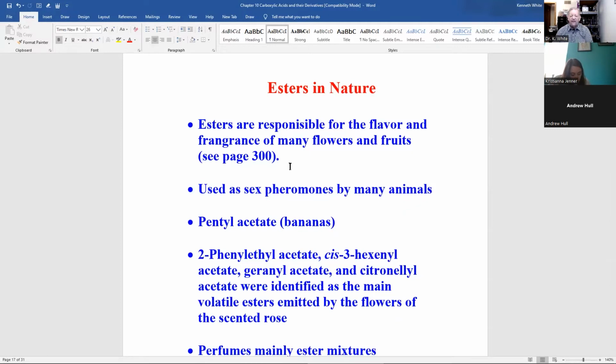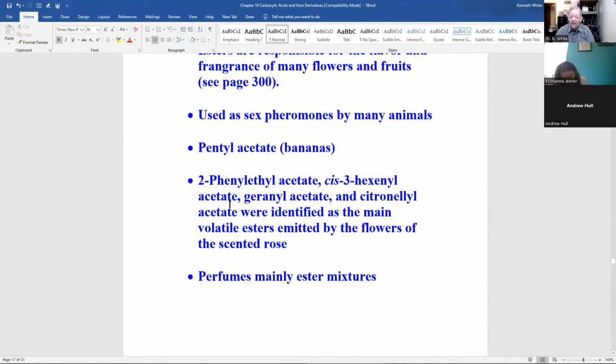Now, if you've ever smelled a banana, what you're really smelling, and this is a common name, is pentyl acetate. If you've ever smelled a rose, the rose is a very sophisticated mixture of different esters. Here's some of them that have been identified. I mean, Mother Nature really outdid herself on that.